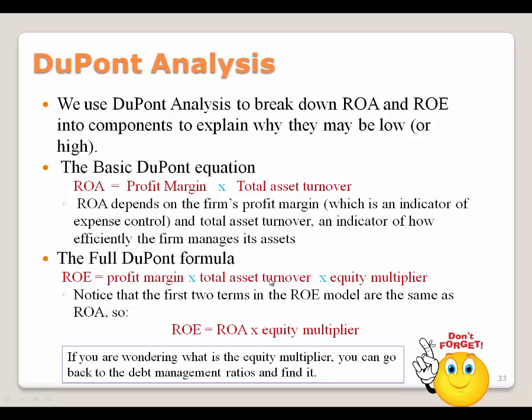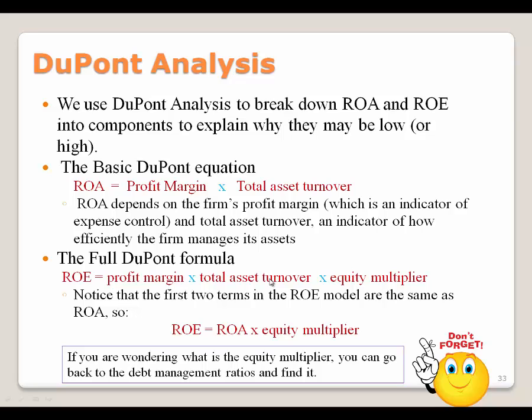And the formula for total asset turnover is sales divided by total asset. So when you multiply profit margin by total asset turnover, sales and sales cancel out. What you have left is net income over total asset, which is exactly the definition of ROA. So that's why ROA can be written as profit margin multiplied by total asset turnover.